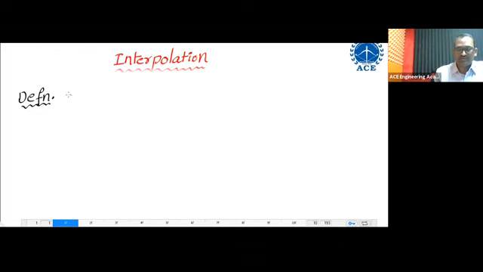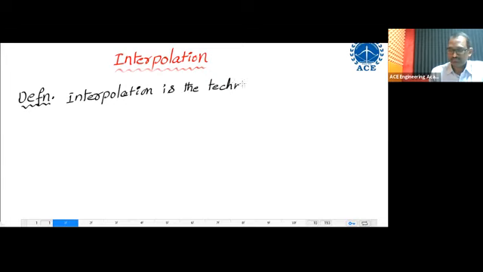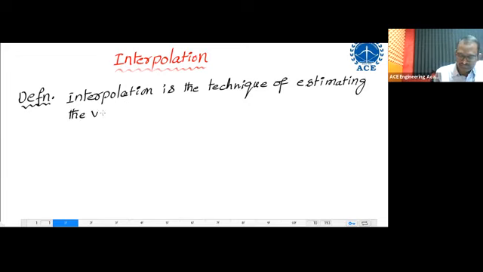Interpolation is the technique of estimating the value of a function.